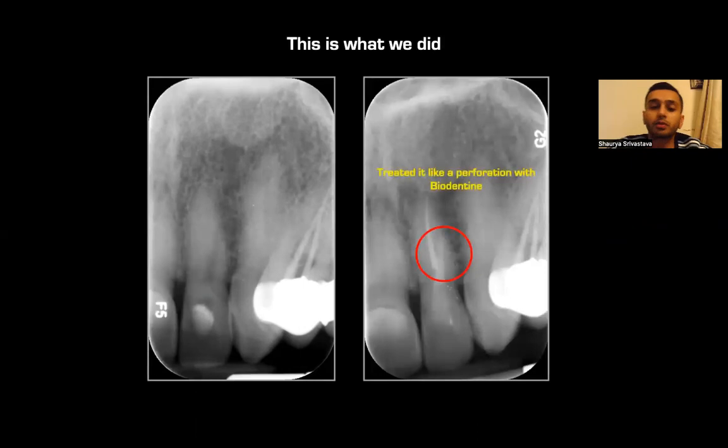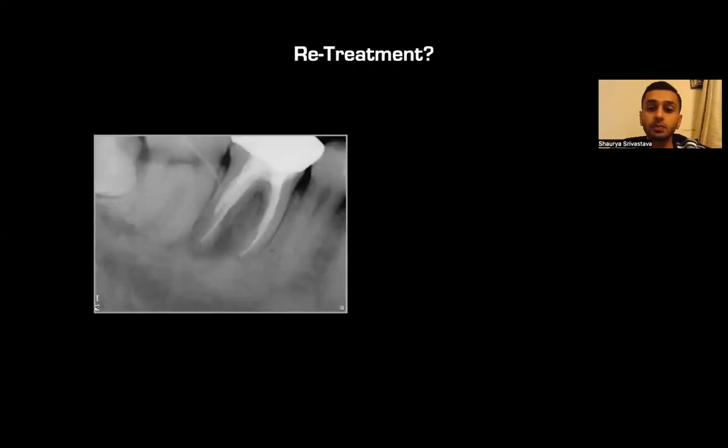This was treated with Biodentine at the misaccess because it has good compressive strength, close to dentine. And we treated it like a perforation, not that there was one. So this just helps in planning your treatment very well. Your CBCTs give so much information that you can sit with that for a day prior to diving into treatment without knowing what you're expecting.